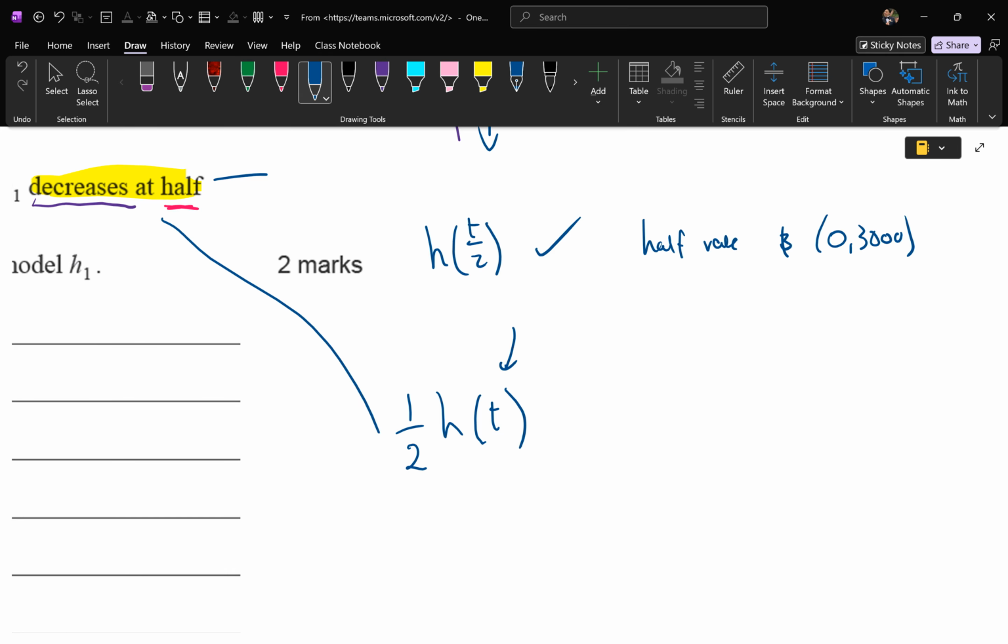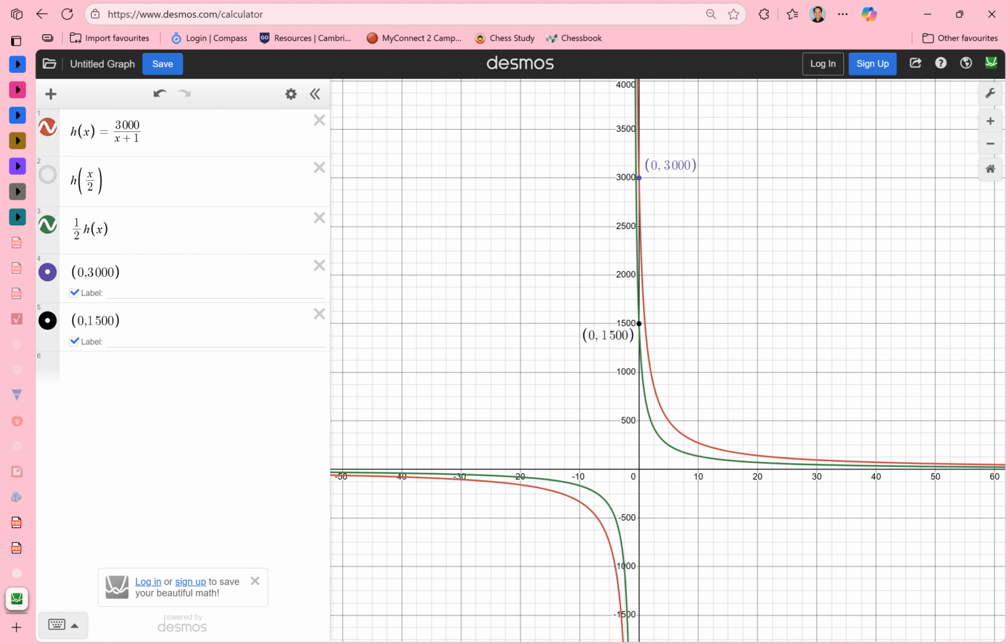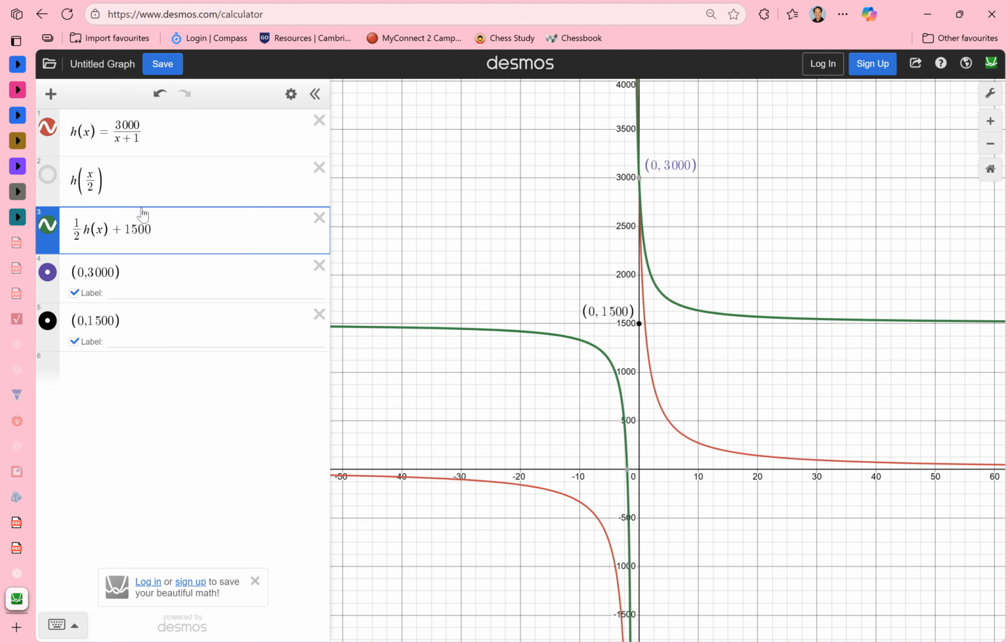With this change, you still get half the rate, which is true, but you then need to make sure you get (0, 3,000), and at the moment it's (0, 1,500). So the only way is to do a vertical shift. You have to shift this graph up by an extra 1,500 to match. Get me? That's the only way to hit (0, 3,000): shift the graph up by 1,500. And that's the only way to maintain half the rate while also hitting (0, 3,000).